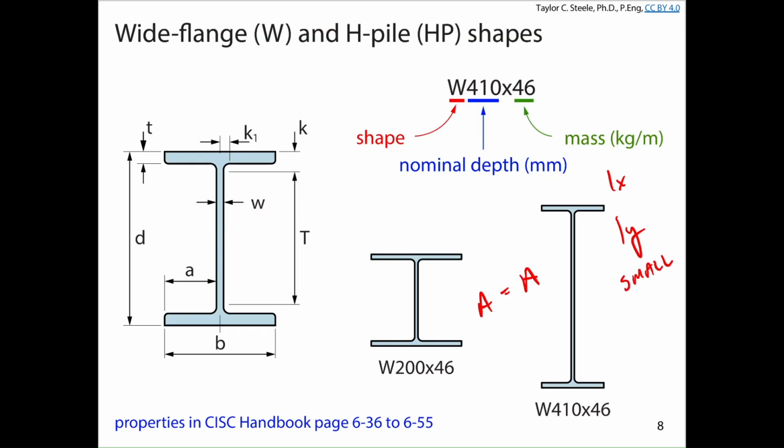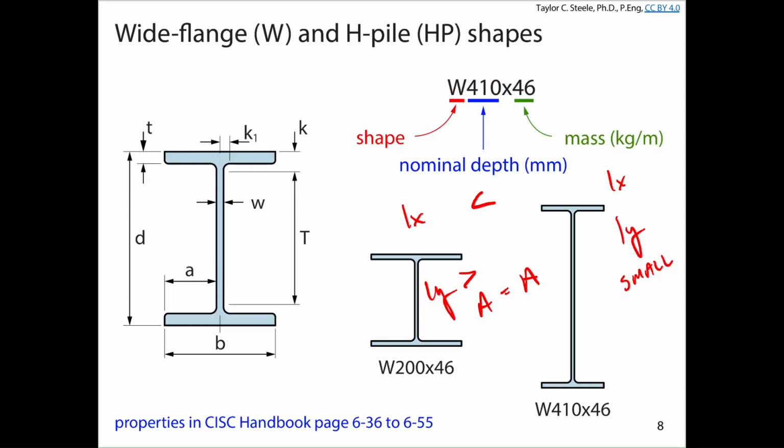And over here, IX for this section is less than the IX for the one on the right, but IY is greater for the one on the right. We already talked about the fact that weak axis buckling is more likely to govern. It's more likely to buckle about the weak axis, so when we calculate r, KL over r is going to be much bigger for this one, which is going to drive our resistance down compared to this one.